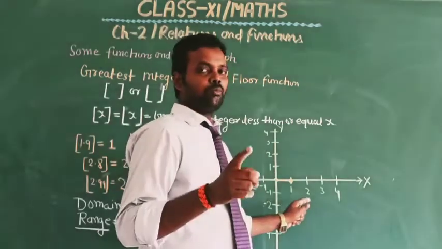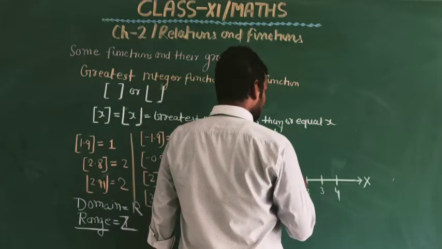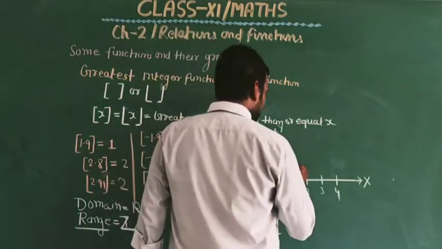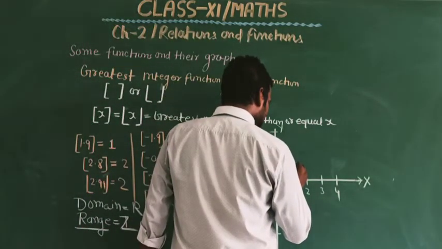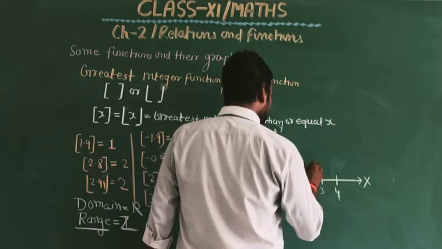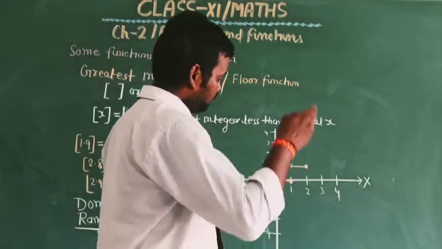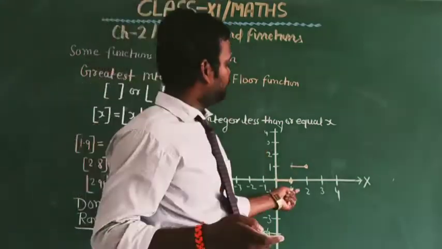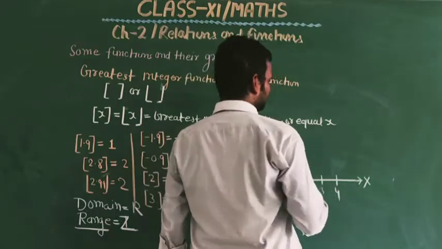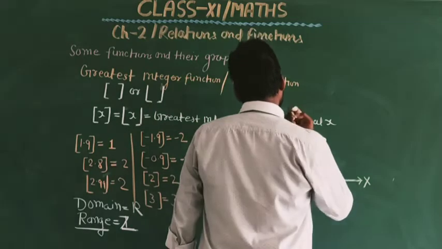and again for any value from 1.1 to 1.9, the greatest integer function becomes 1. Okay, so the graph is like this. At 1 it is 1, at 2 it is 2, so we make a hole, and similarly for any value from 2.1 to 2.9, the value of the function is 2.